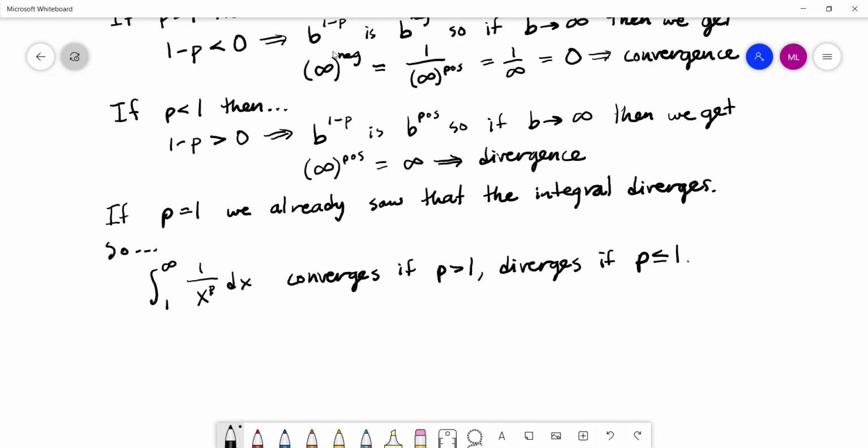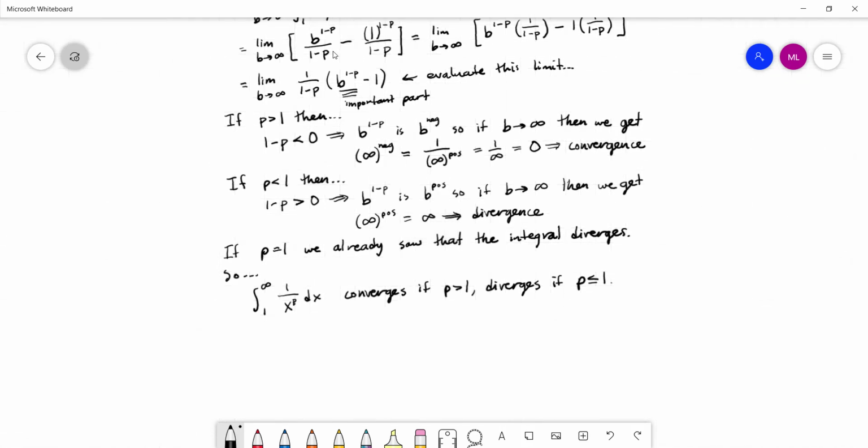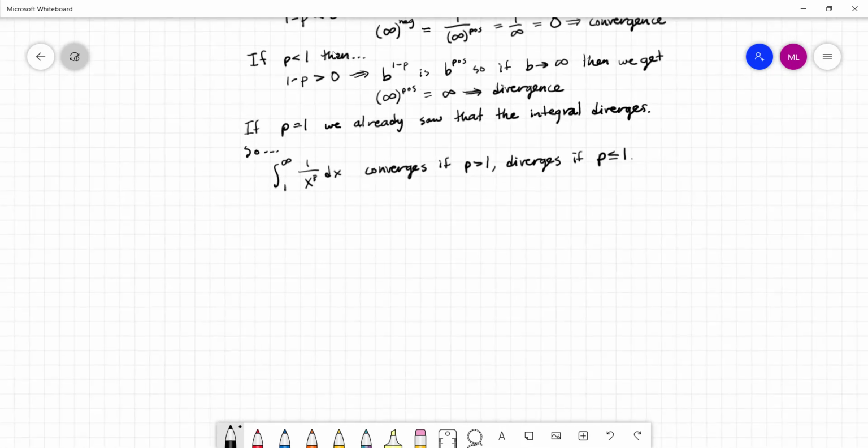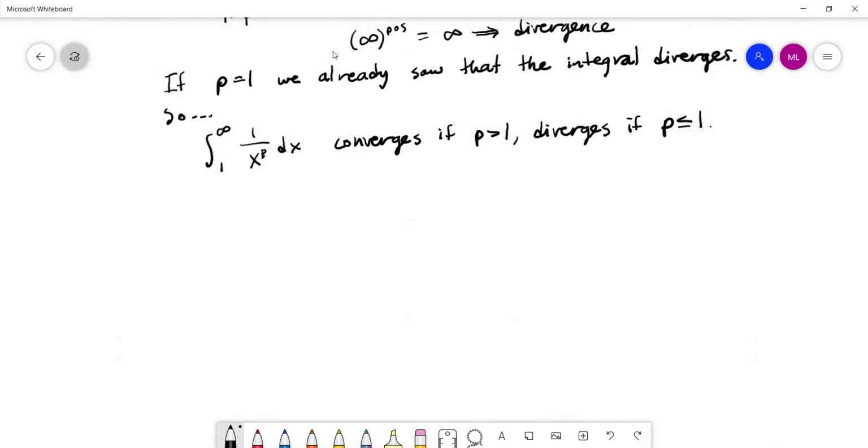Okay, so these are the main cases that I wanted to look at here for our type 1. Let's do the other type. So again, the bounds can be finite, but the integral can have some sort of infinite discontinuity in the integrand. So, or at an endpoint of the integral or something like that.